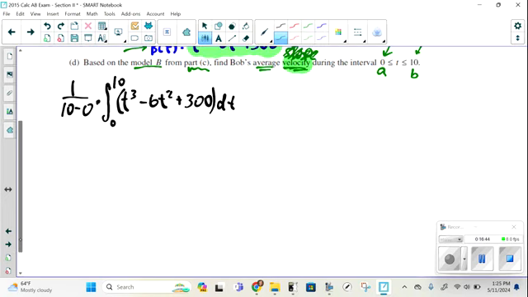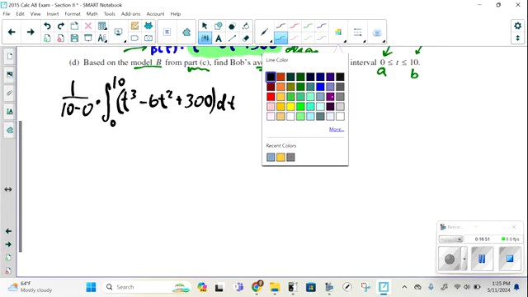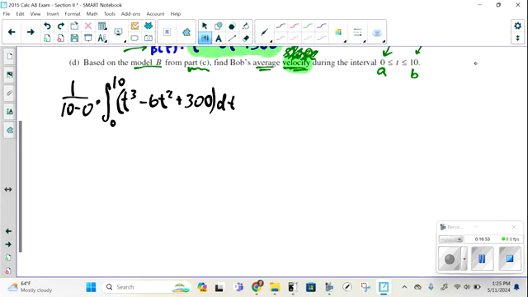We don't have a calculator, but these integrations without a calculator are typically easier. I mean, maybe there's a u sub. There isn't here, but they're easier. T cubed becomes t to the 4th over 4, minus 6t squared becomes 6t cubed over 3, plus 300 just becomes 300t.